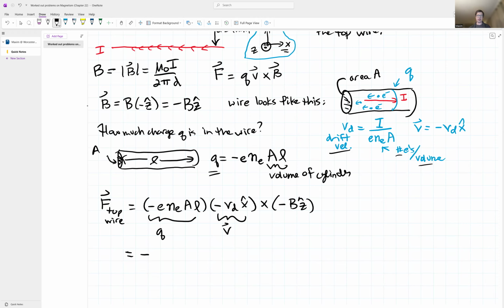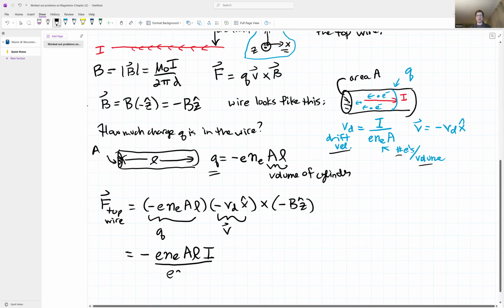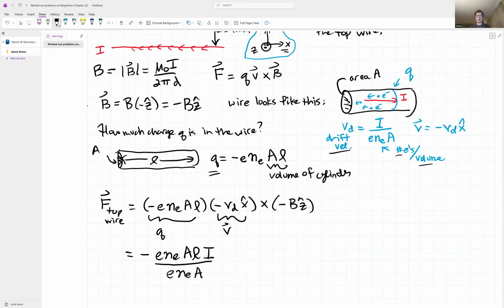Now we have to substitute in for the drift velocity, which is just the current divided by E and E times A. So you see there's going to be some cancellations. Then you have an overall factor of B. Again, there's an overall minus sign.